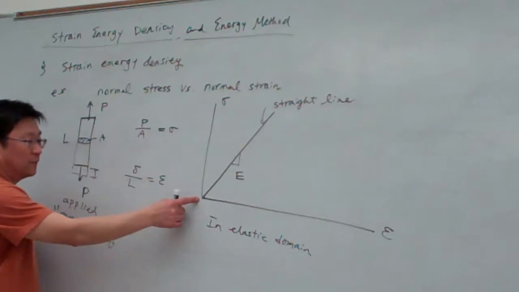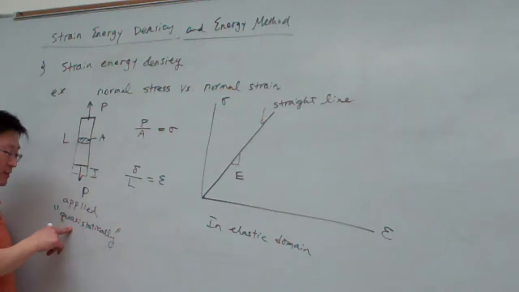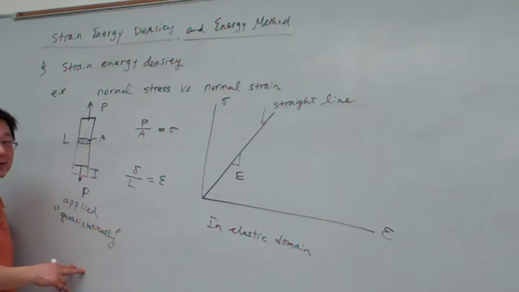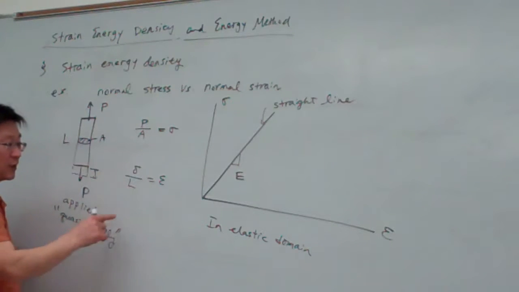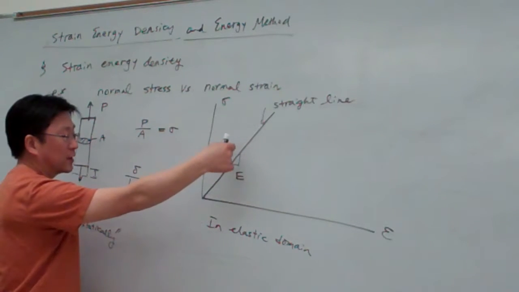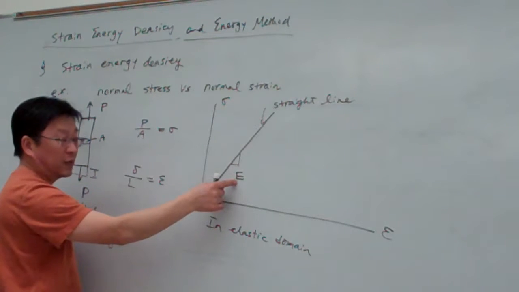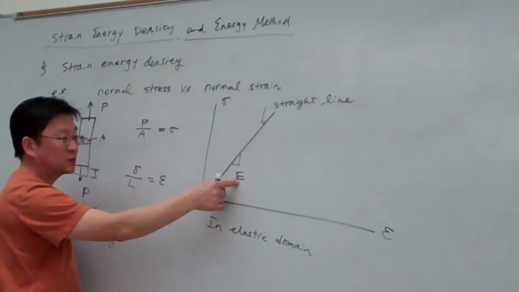Again, if your application of the loading is not slow, then you won't get this linear curve, I guarantee. Okay, so under this situation, we get a straight line, and the slope is E, which is called the Young's modulus.